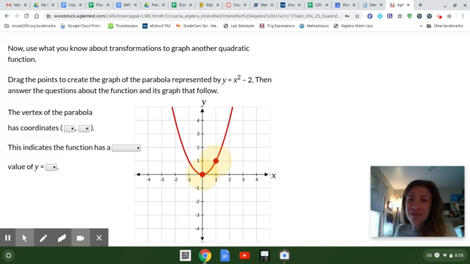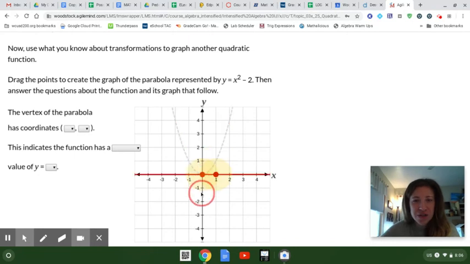And once you have that in your book, you should be able to predict, before you even put this into any sort of graphing calculator, that x squared minus 2 should shift the vertex of the parabola down 2 units. Okay, let's see if I can get that to match right here. I'm going to shift it down.